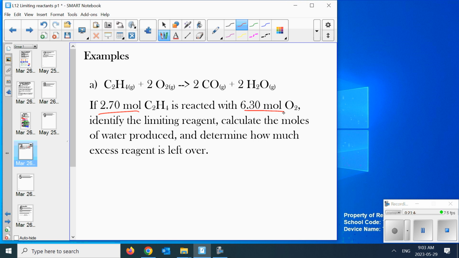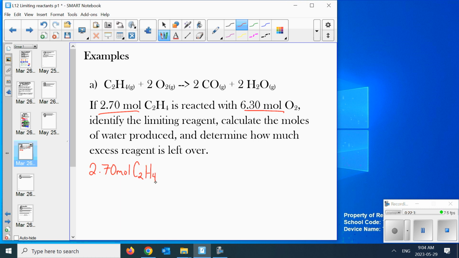The limiting reagent will always be used up 100% theoretical. Since they're in moles already, just choose one and see how much of the other you need. Which one do you guys want to choose, the C2H4 or the O2? C2H4 is listed first, so I'm going to go with 2.70 moles of C2H4.